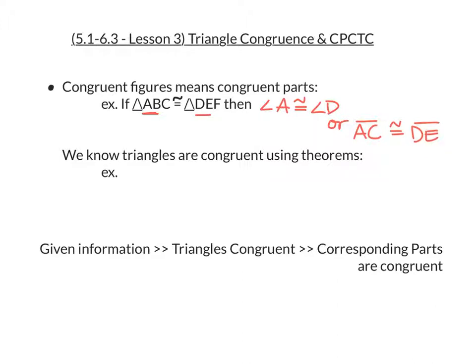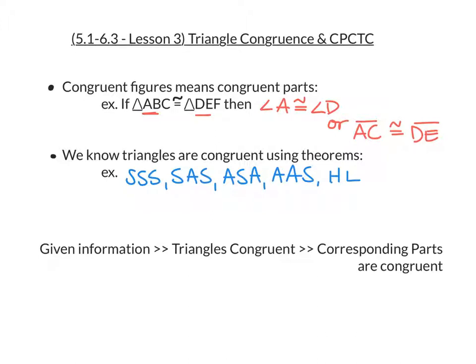Then we learned at the beginning of last week that there are some theorems we can use to prove that triangles are congruent. Specifically, there are 5 of those. If you want to pause the video, see if you can remember all 5. All right, you should be getting side-side-side, side-angle-side, angle-side-angle, angle-angle-side, and then our one exception to side-side-angle, which is HL.